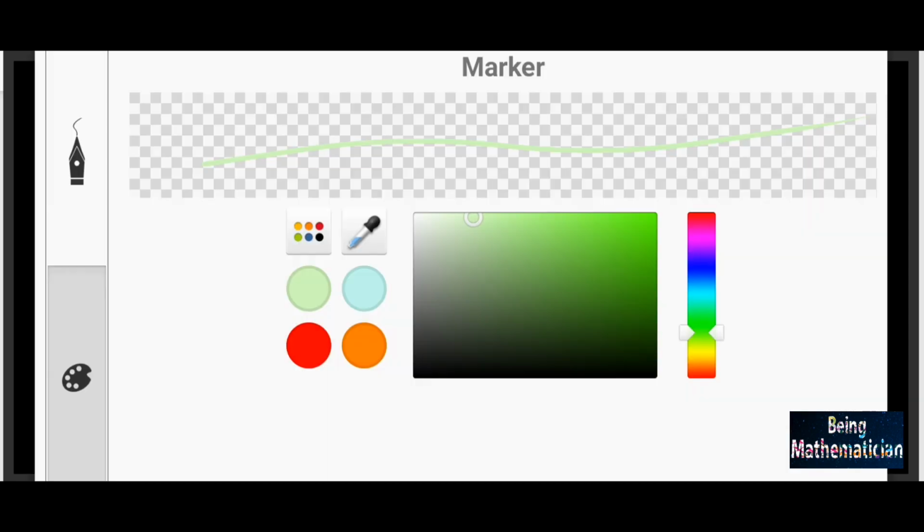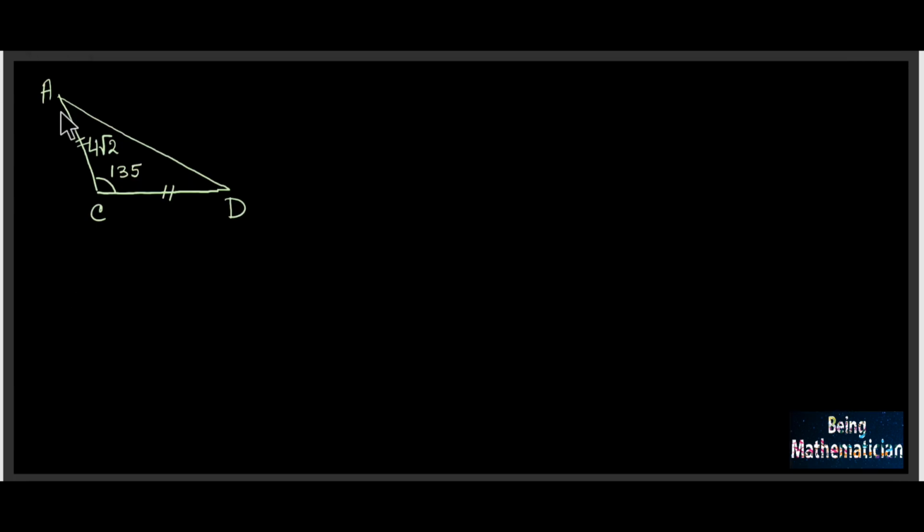Now let's draw a perpendicular line from A to extended DC, and they meet at B. Now angle ACB is 180 degree minus 135 degree, and it is 45 degree. So this angle is 45.